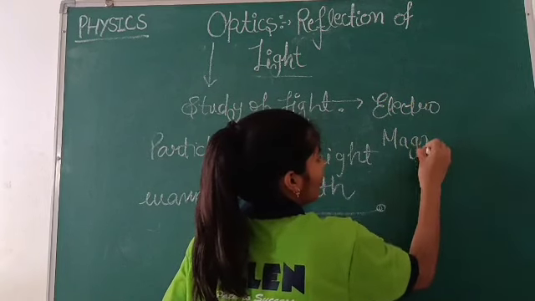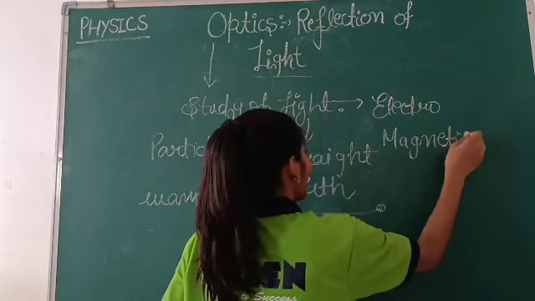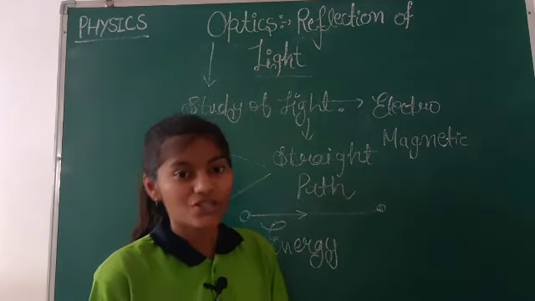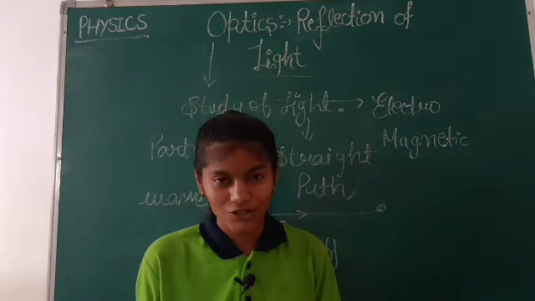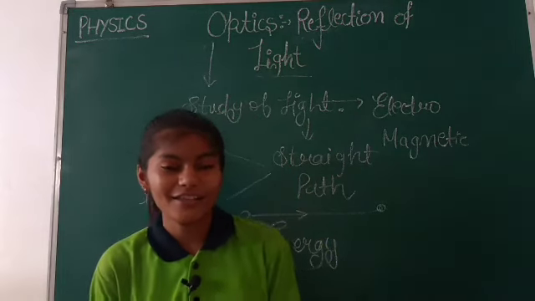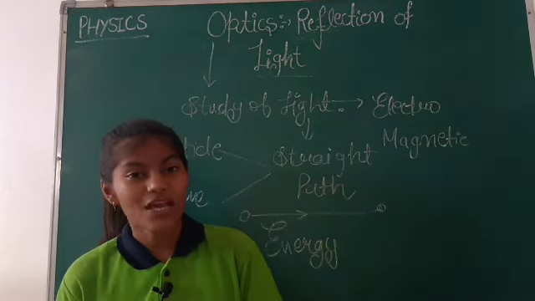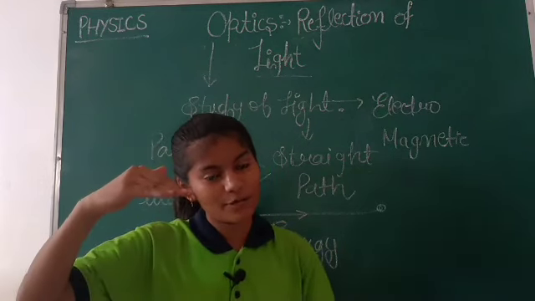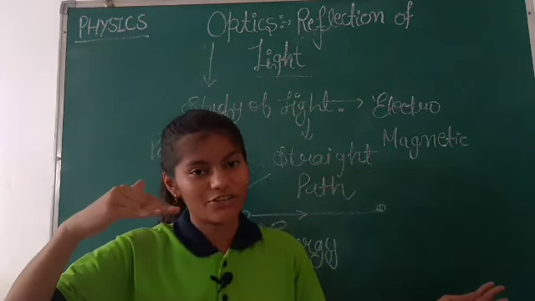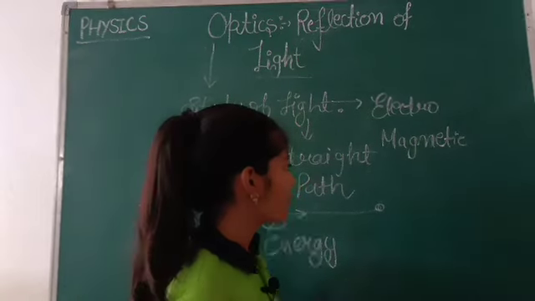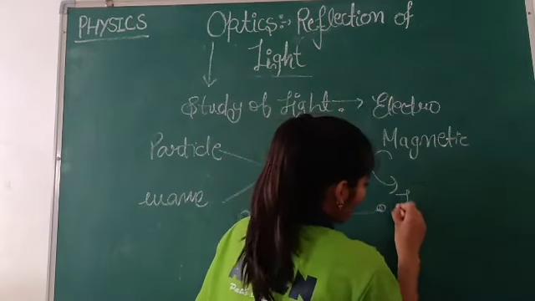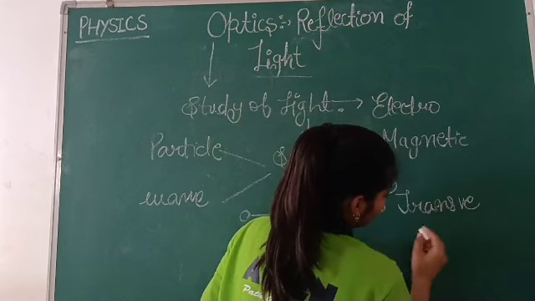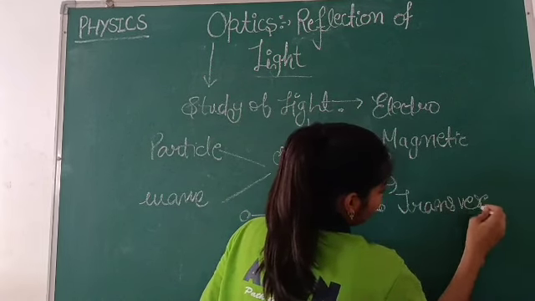And you might have studied that electromagnetic waves are those waves which are always transverse in nature. We also studied in class 9 that transverse waves are those which have perpendicular directions, where particle movement is perpendicular to energy propagation. This is what transverse nature is. So electromagnetic waves are transverse in nature.